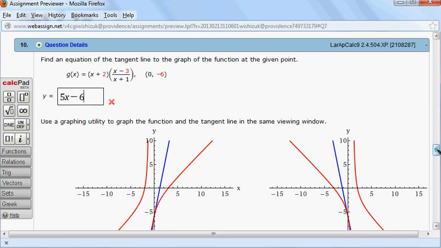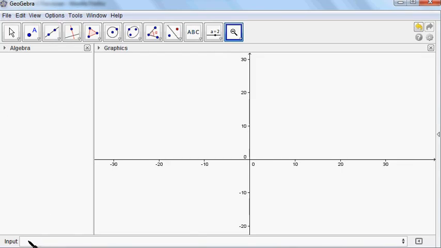All right, so we need to sketch the graph as well. So let's do that. Open up GeoGebra. Type in the function: y equals quantity x plus 2 times quantity x minus 3, divided by x plus 1.